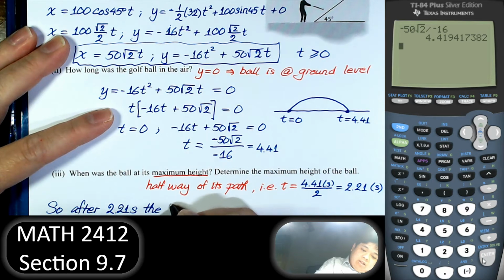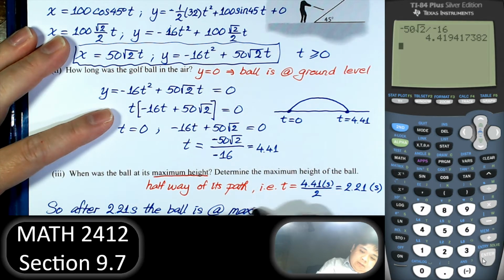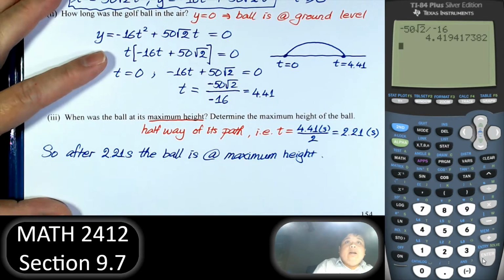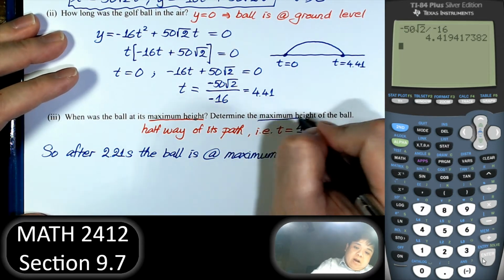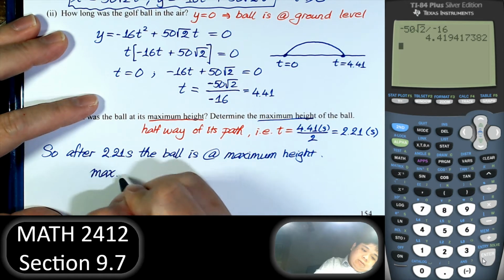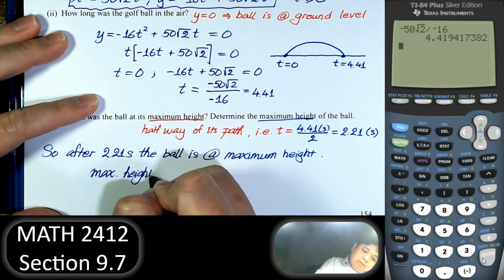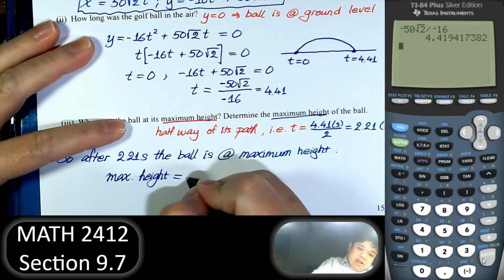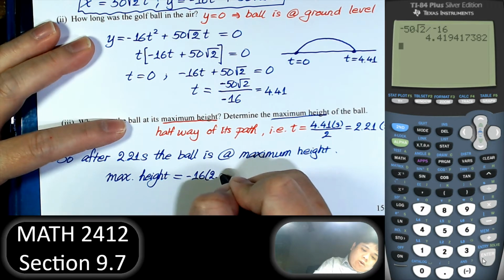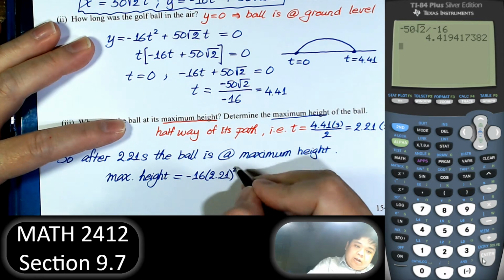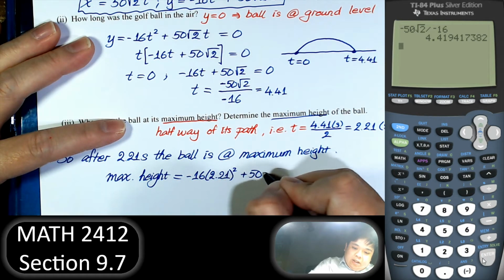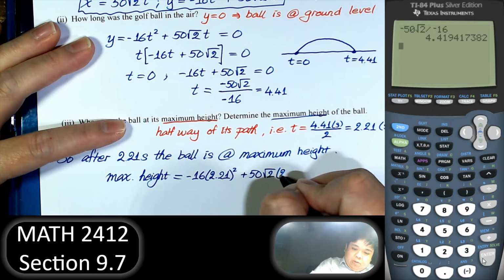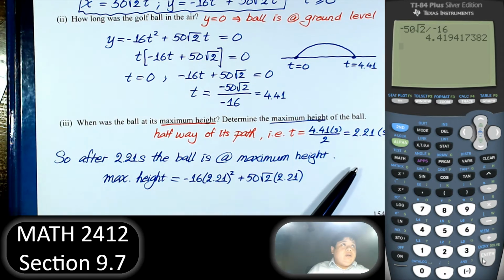The golf ball is at maximum height. In order to find the maximum height itself, I'm just going to substitute 2.21 into this equation for y, negative 16 times 2.21 squared plus 50 square root of 2 times 2.21.